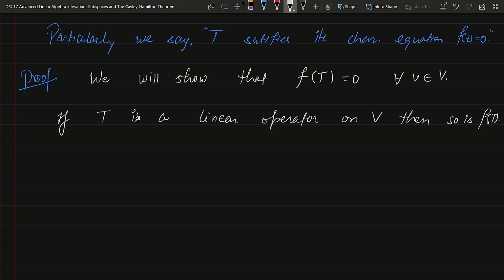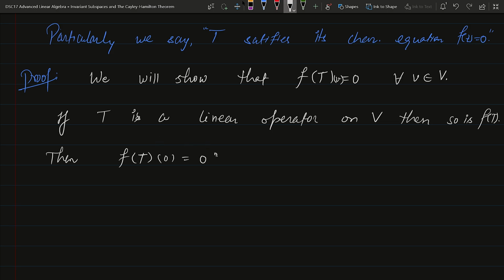That means this f of T is also a linear operator. Okay, then f of T of 0 is equal to 0. ये क्यों है? क्योंकि हर एक लीनियर ऑपरेटर के लिए जीरो वेक्टर की इमेज हमेशा 0 पर ही जाती है.